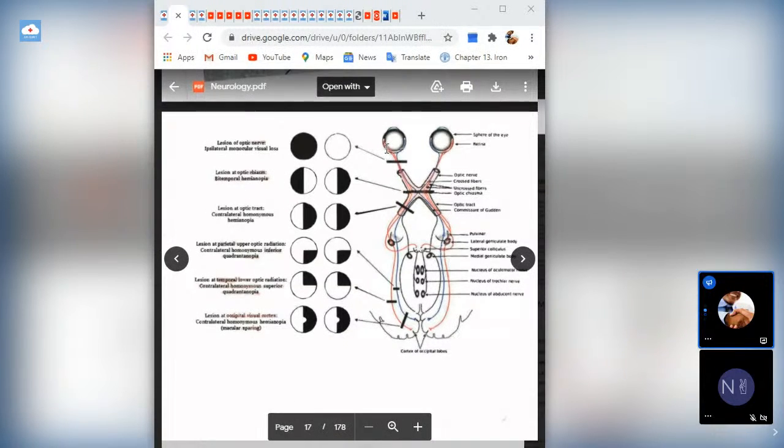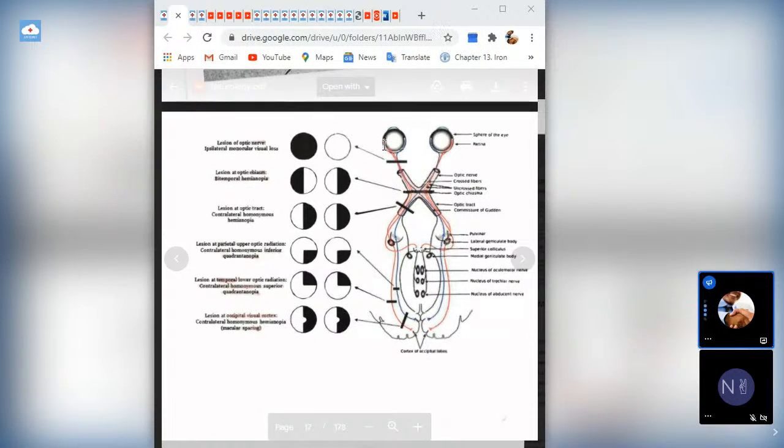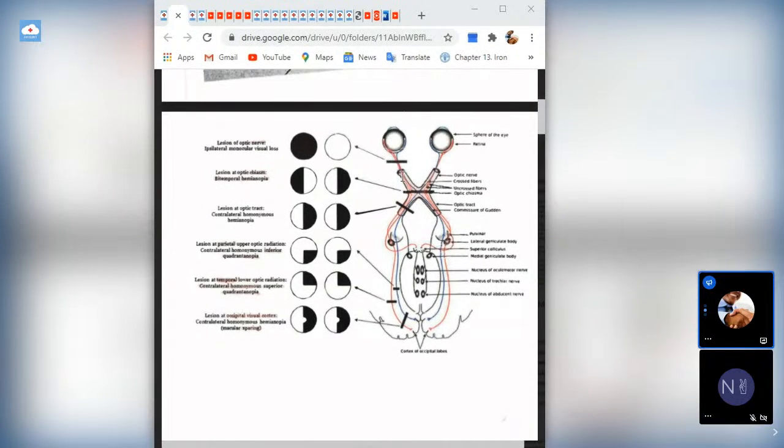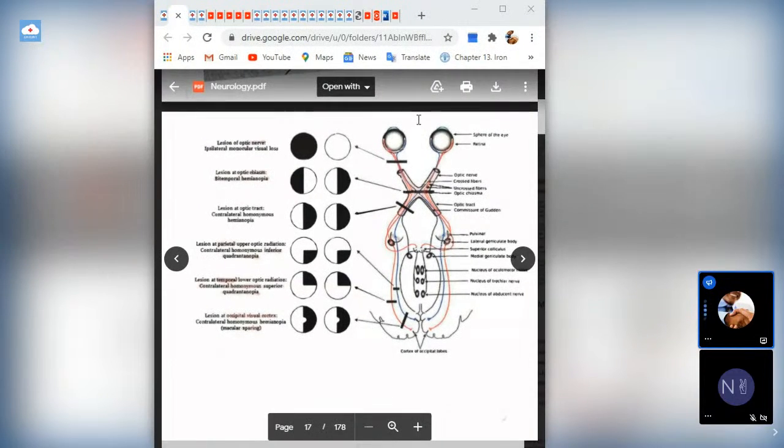Whereas the impulses carried by the nerve on the lateral side, which are inadvertently impulses from the medial, nasal side of the face, will remain on the same side.